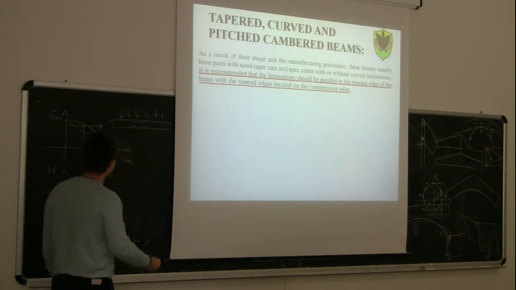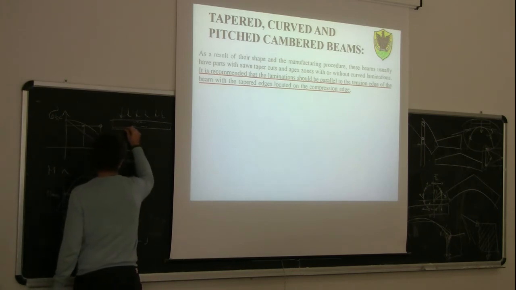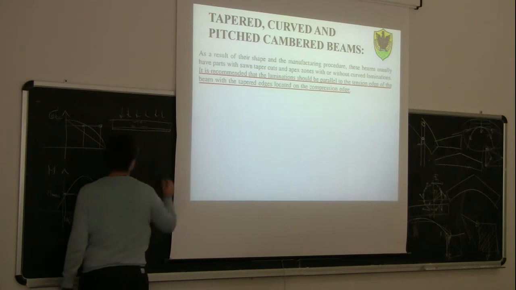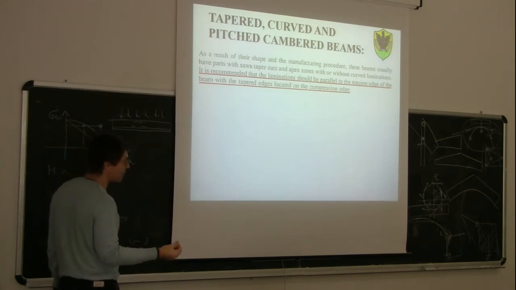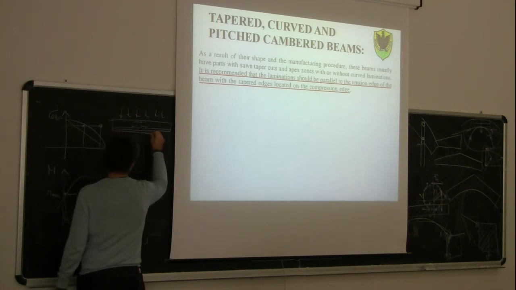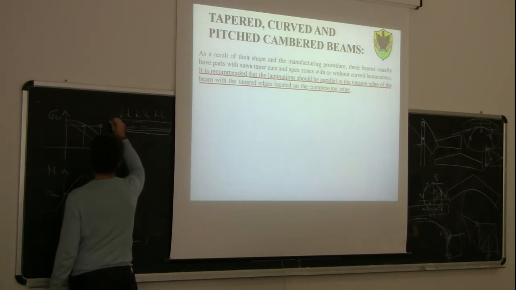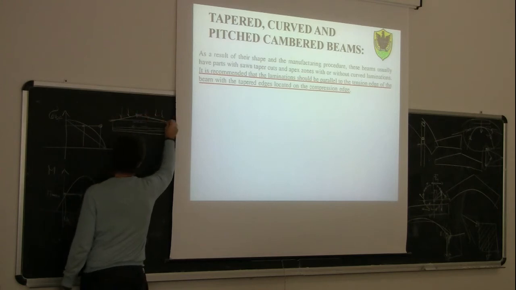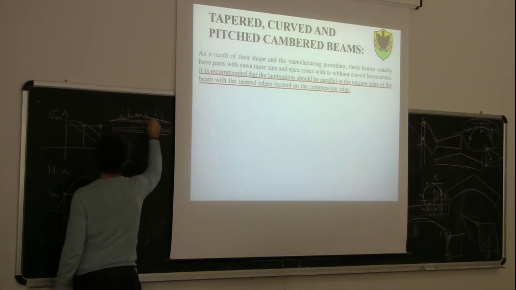In this case, the glue lamination, the single boards, should be parallel to the tensile side, and the tapering should cut the lamination on the compression side.